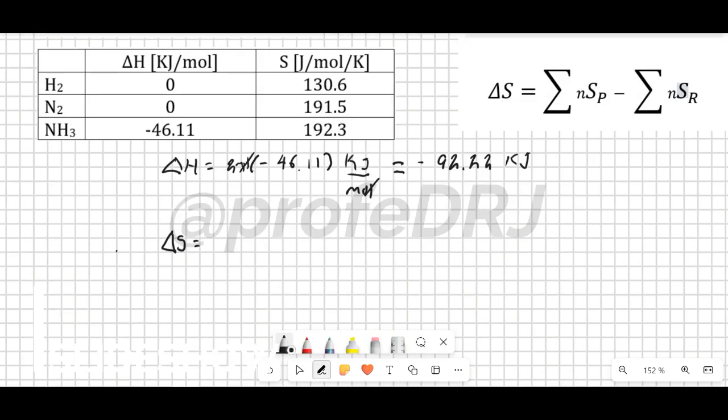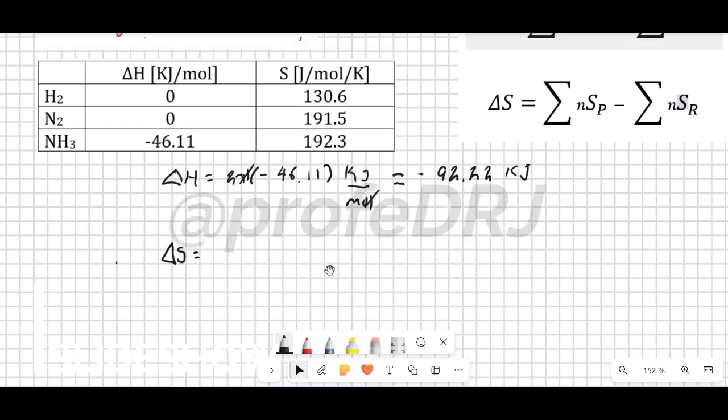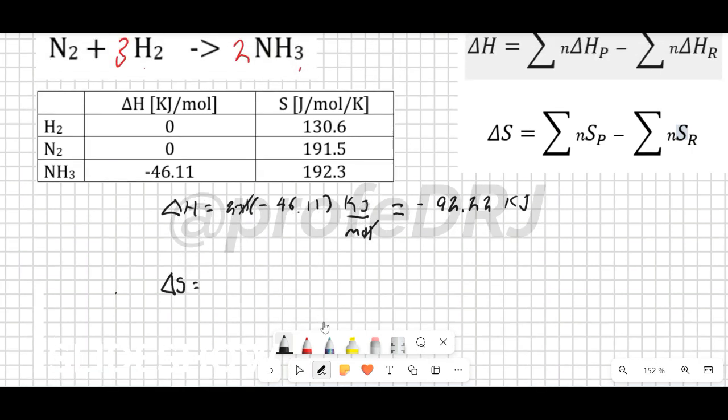Delta S is the same as products. Remember how many moles? 2 moles. Which value do we have here? This one, 192.3 joules divided by mole Kelvin.